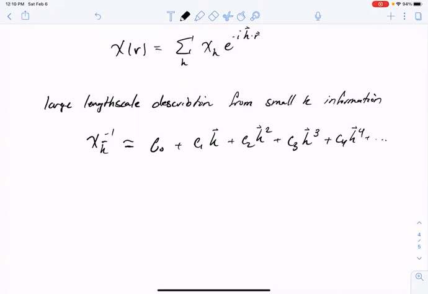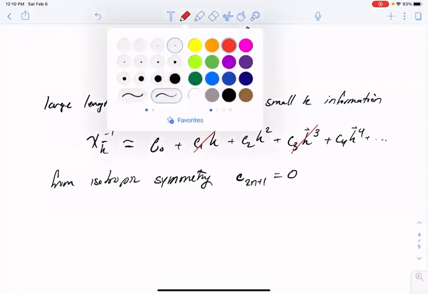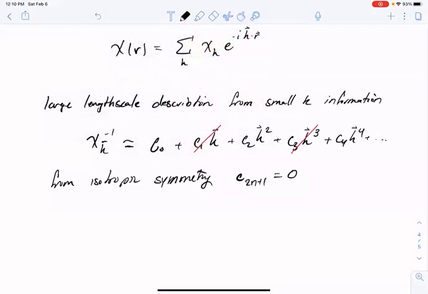And thus, from isotropic symmetry, all of the odd order coefficients, ones that could not be decomposed into dot products, scalar products, must be 0. So C1 must be 0, C3 must be 0, chi must be expandable as an even series in k.